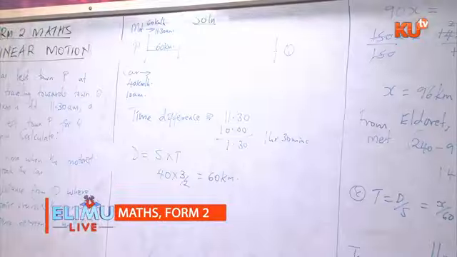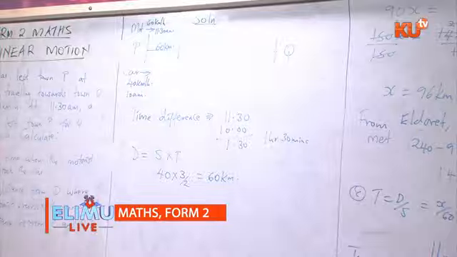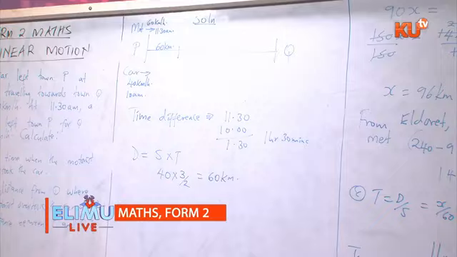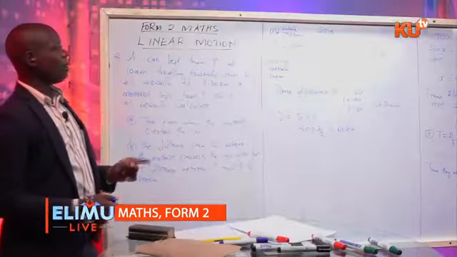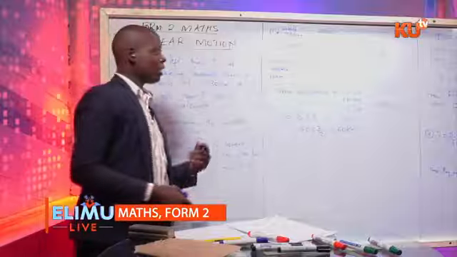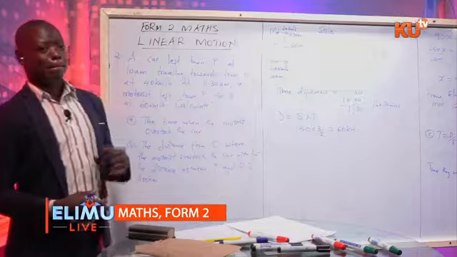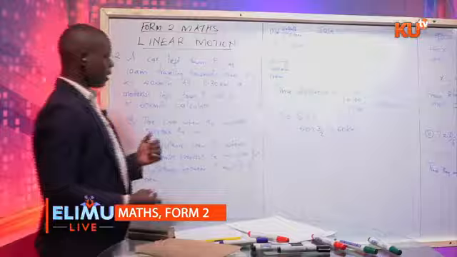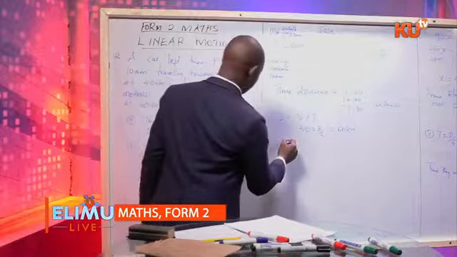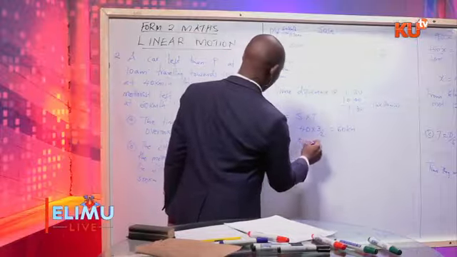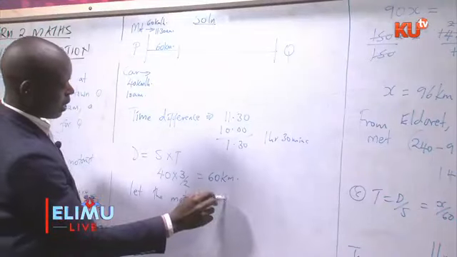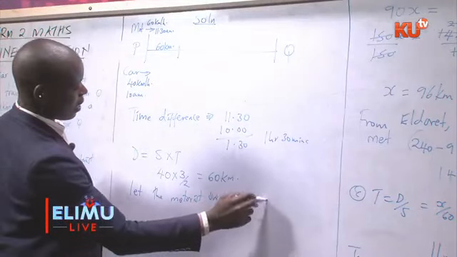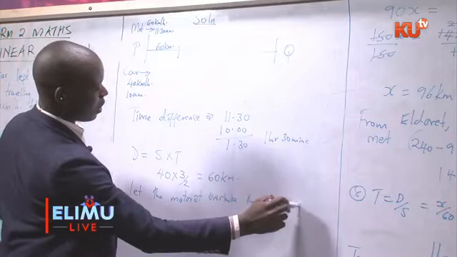For this to happen, definitely the motorist has to be moving at a very high speed to be able to overtake the car, which has already covered 60 kilometers by the time the motorist is leaving town P. So let's let the motorist overtake the car at point X.